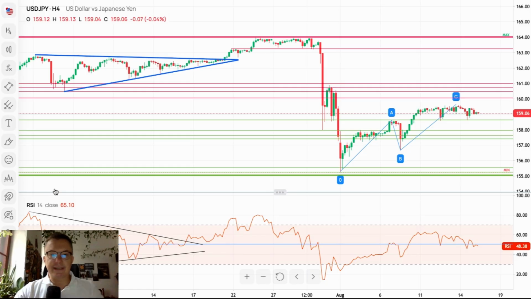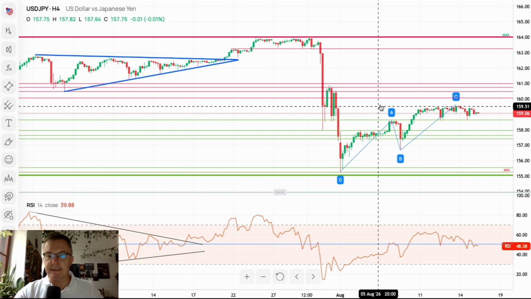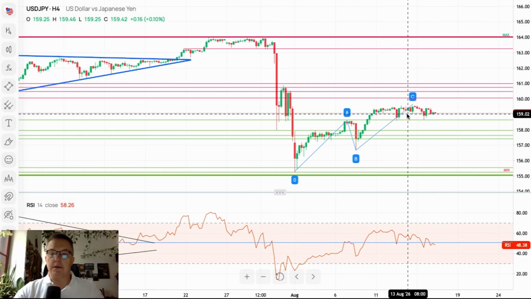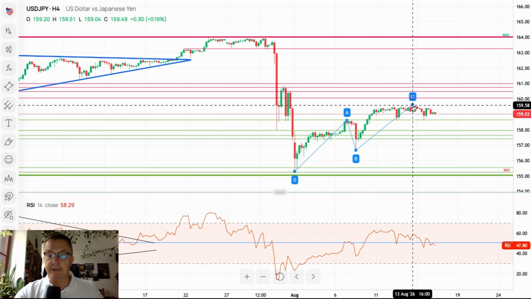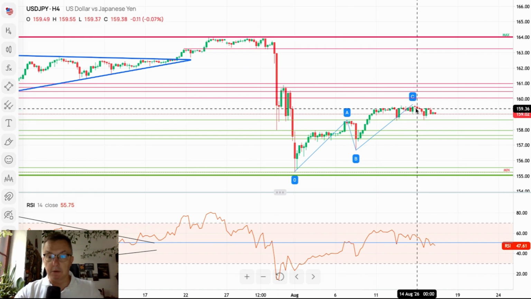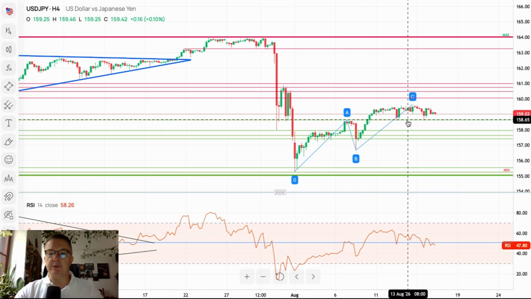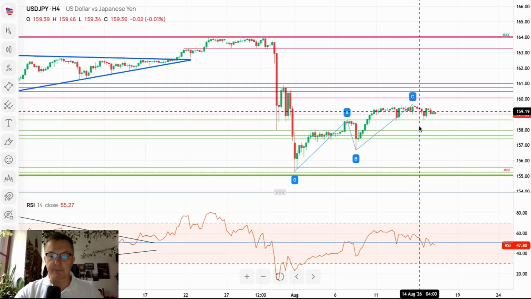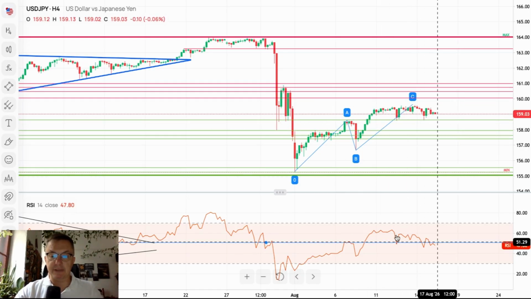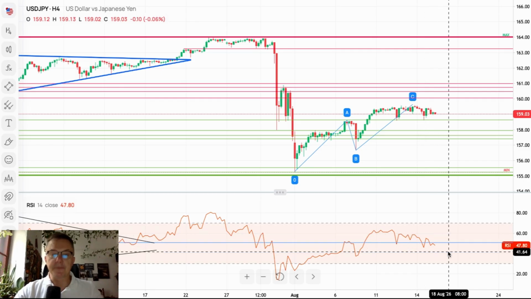US dollar versus the Japanese yen, ABC, the corrective movement to the upside looks completed. Nevertheless, we still didn't break below 150.60, which is the technical support for the current situation here. So there is still a possible movement to the downside, especially with this falling volume.